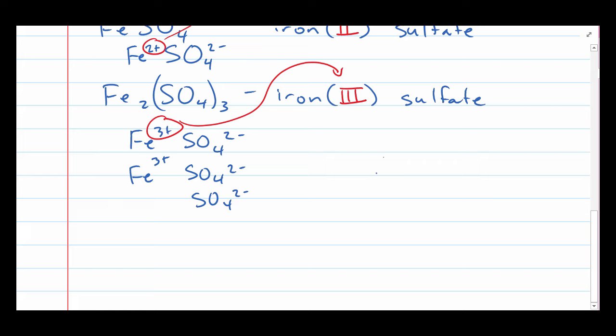It is (NH4)2S. We simply name the ions that are present. So the name of this first ion is the ammonium ion. This would be called ammonium sulfide.